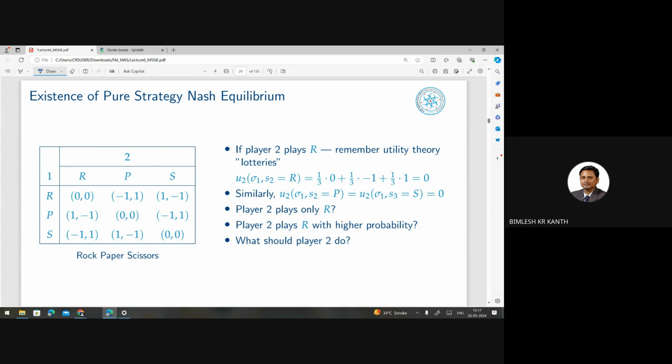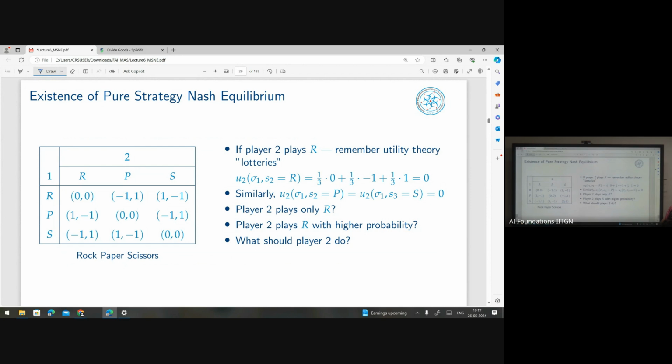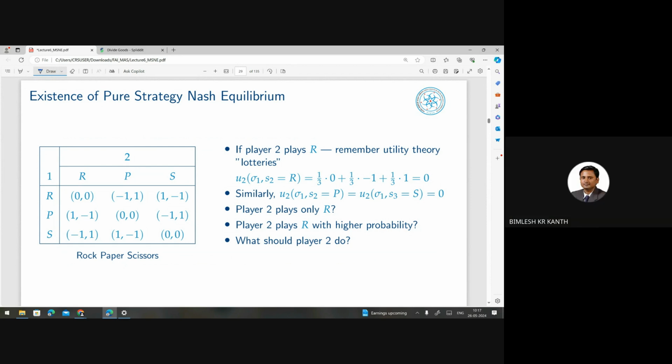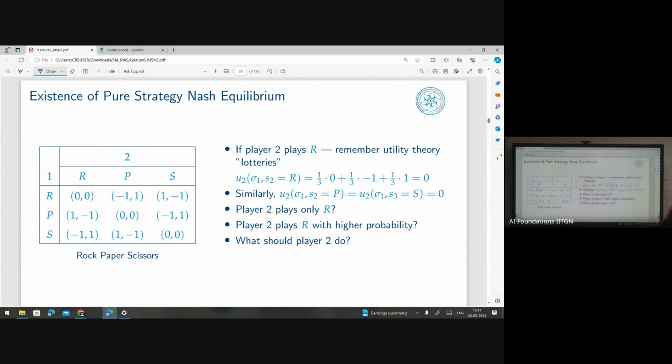And that is why player 2 can play any of these, because each of the columns has value 1 for player 2. But if it plays anything deterministically, does it get 1?